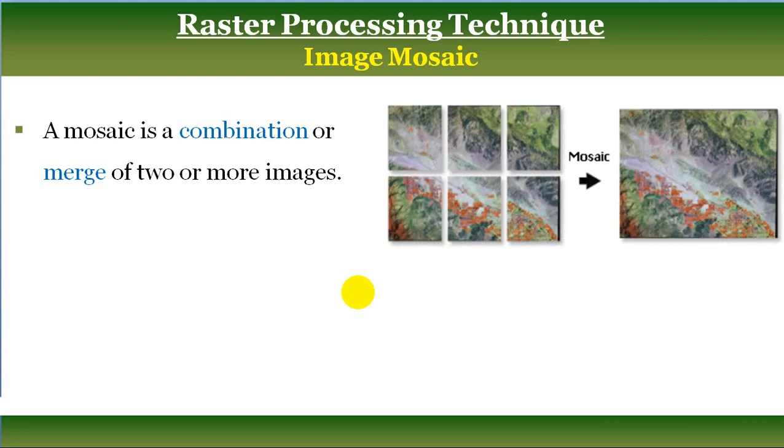If you see this illustration, those are the 6 adjacent images. Those images are placed side by side, up and down. Those 6 images can be combined, can be merged and create a single image for you. From the smaller number of images, you can create a larger image.